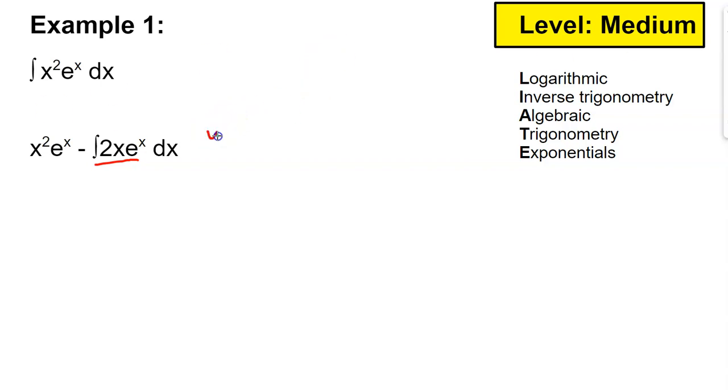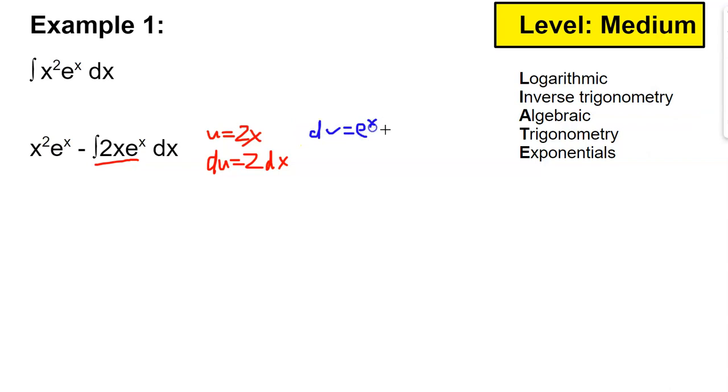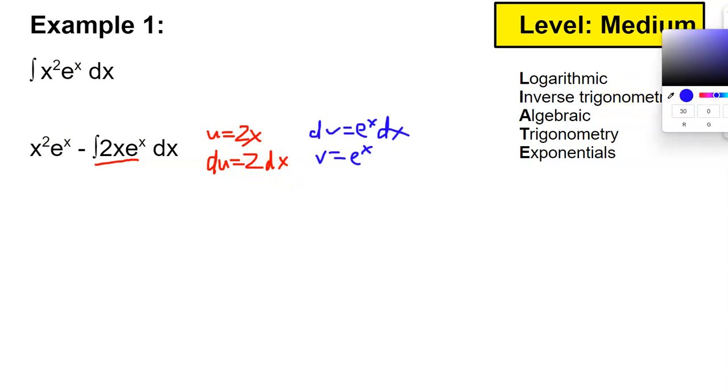So u is going to be 2x, and then du is just 2 dx. And then for our second function is once again e to the x power. So we already know what that's going to be like. So when we do integration by parts again, and we recognize the 2 unrelated functions, we're going to have to split this integrand up specifically into that formula again, uv minus the integral of v du.